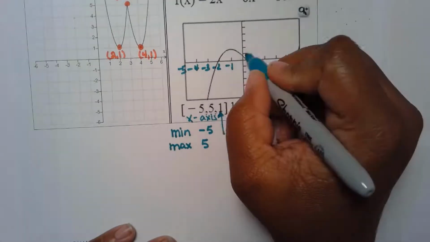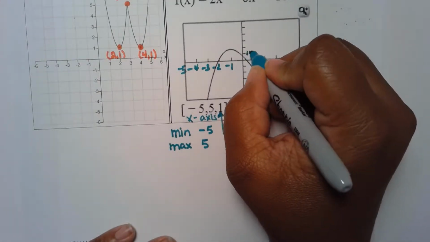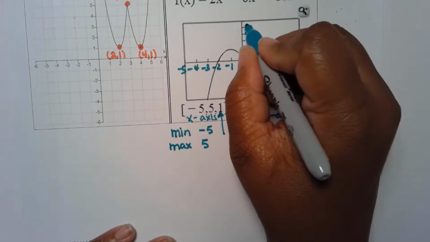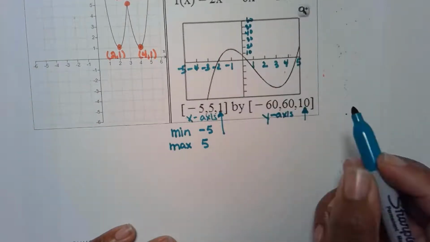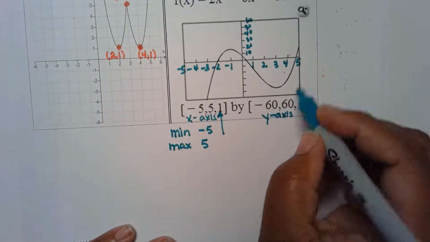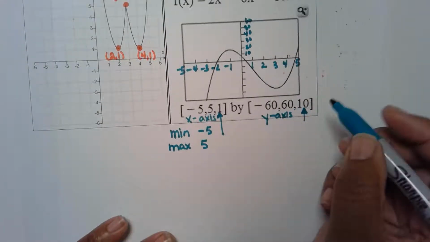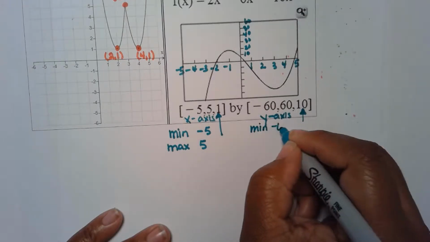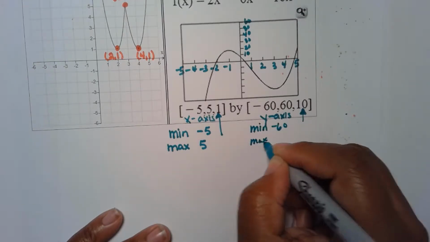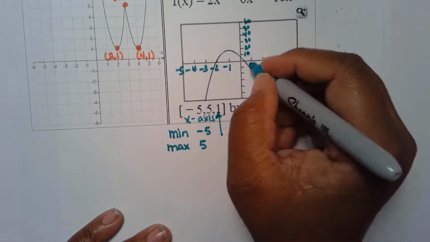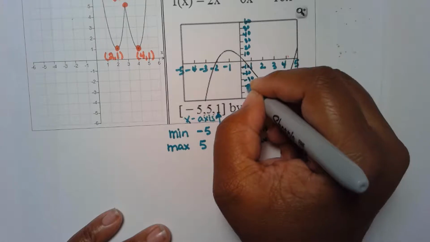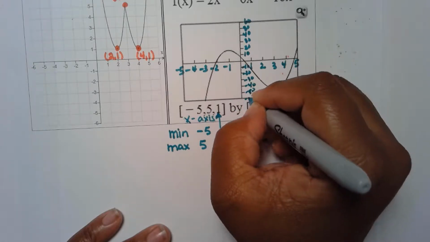So here is 0. Then you're saying 10, 20, 30, 40, 50, 60, and then we go from negative 60 to positive 60. So on the y-axis, the min value will be -60. The max will be positive 60, but we're counting by increments of 10: -20, -30, -40, -50, -60.